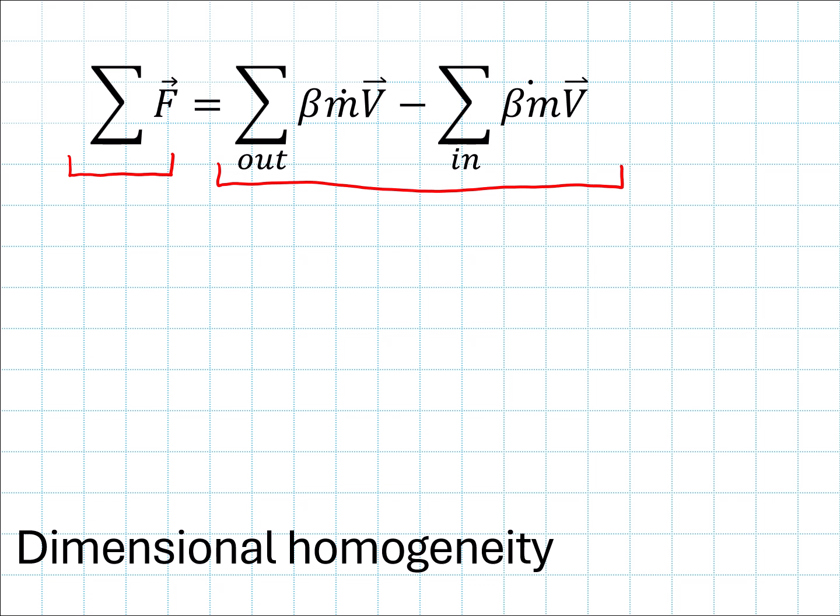So let's use primary dimensions to ensure that these terms are all indeed dimensionally consistent. I know I can probably do the right-hand side subtraction because all of the variables are the same, right? I've got a beta, an m dot, and a velocity in each term, so I can tell they're going to be dimensionally consistent. But is this dimensionally consistent to force on the left-hand side of the equation? Let's find out by analyzing their primary dimensions.